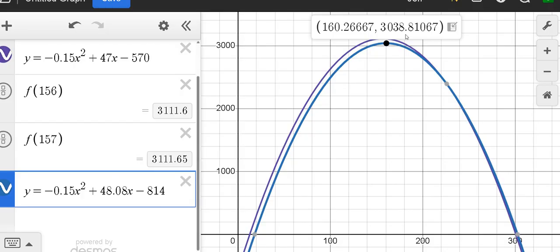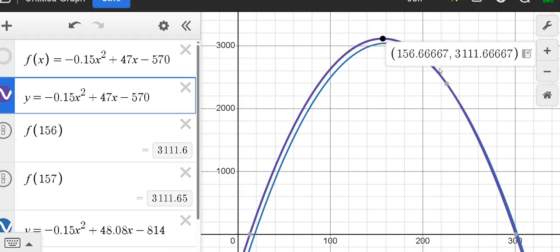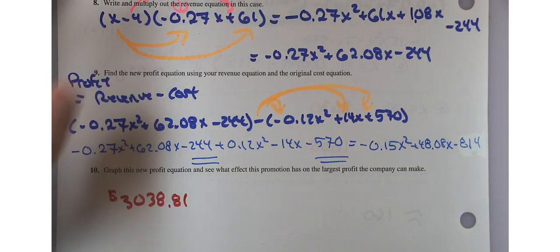So that's our new maximum profit. The old maximum profit was 3111.16. So yeah, we're down $70 or so, $73-ish from what it was.